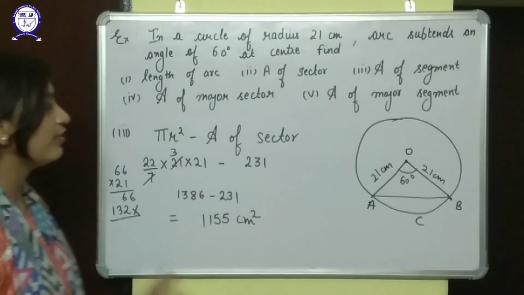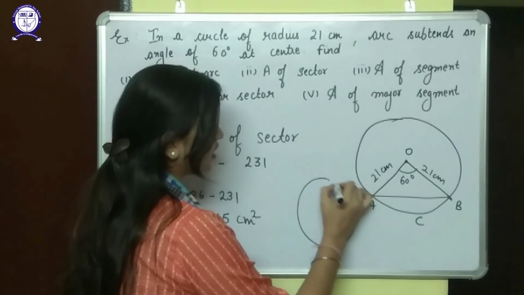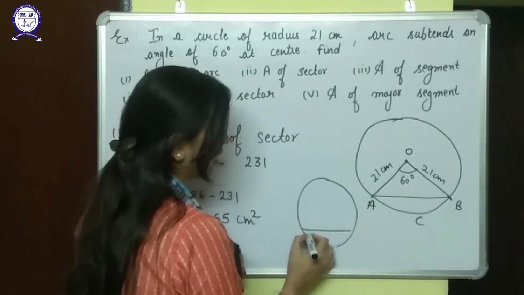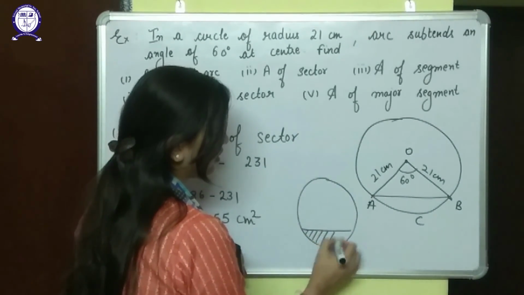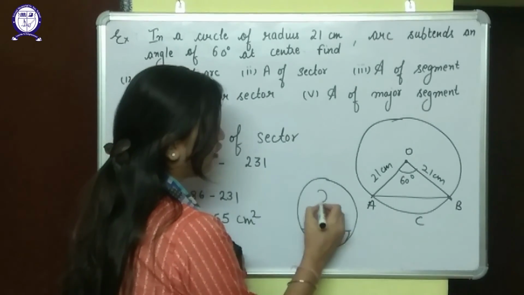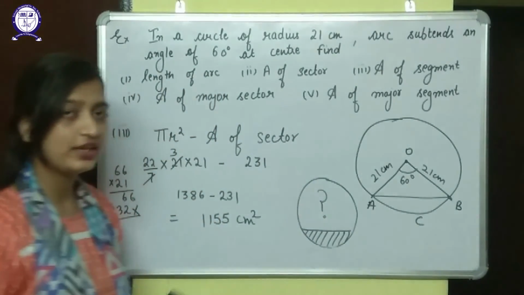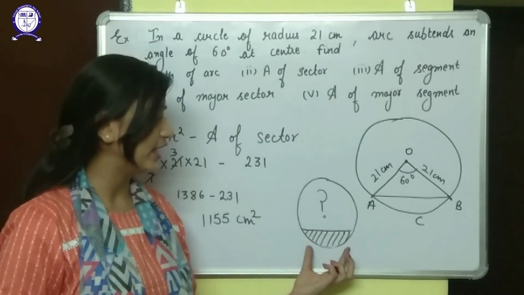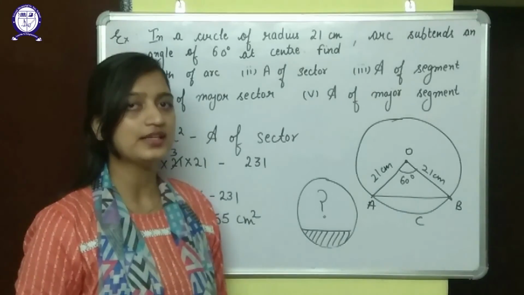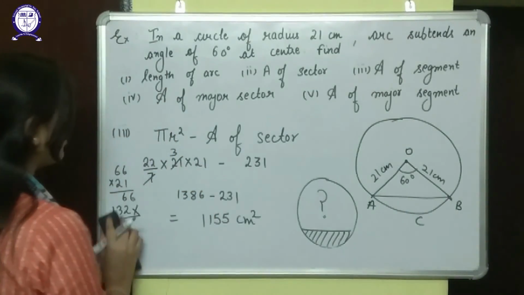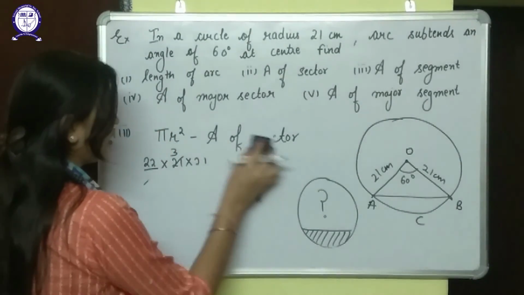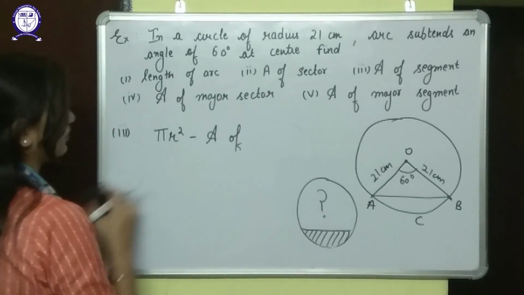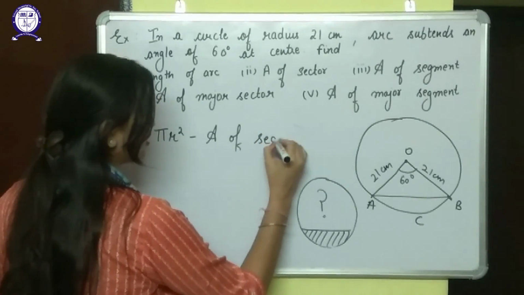Now coming to the fifth part, this is a circle, this is a minor segment, and we need to find the area of this portion. So again what we can do is find the area of the complete circle and subtract the area of the minor segment. Okay, so the formula will change to this one: area of segment.